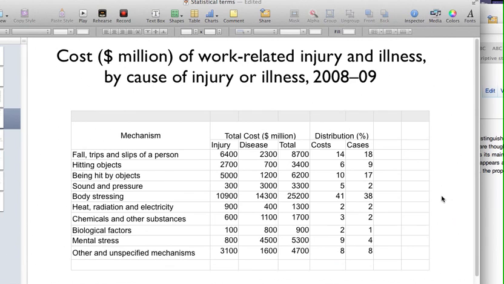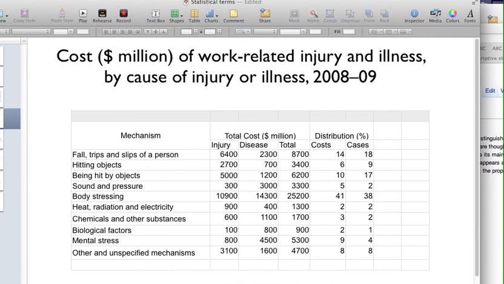I can't quite get my head around this difference between hitting objects and being hit by an object. I suppose if I ran into something, that would mean me hitting an object. If I'm hit by an object, something runs into me, and that makes sense, except for the fact that I'm not sure why I would want to differentiate between the two. However, they have, so we've got that data.